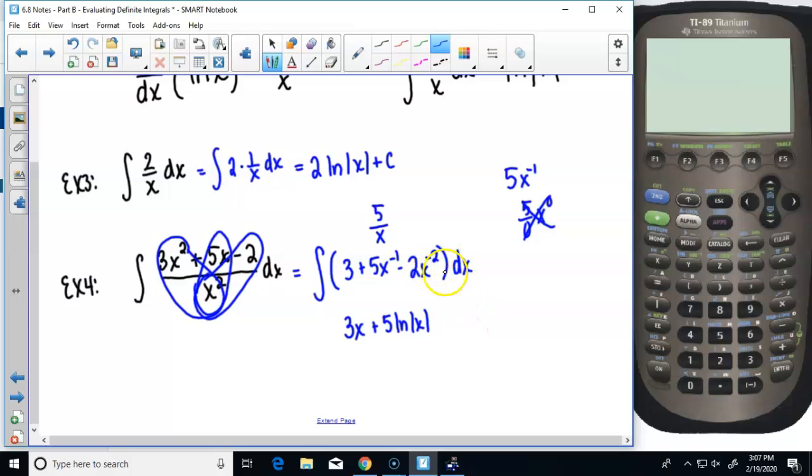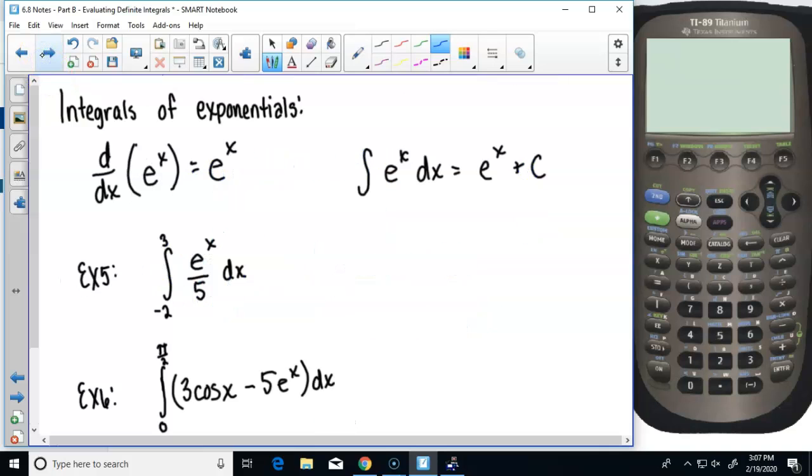And then the last one we can use the power rule on, we'd have x to the negative 1, and we divide out front by negative 1, which would give us a positive 2, and we put a plus c on the end.